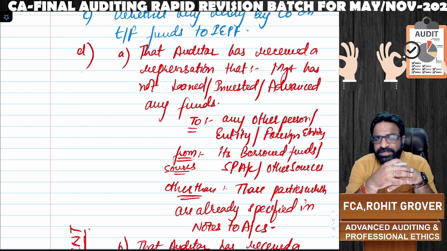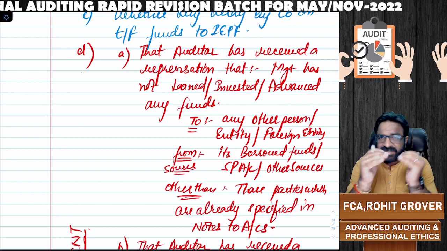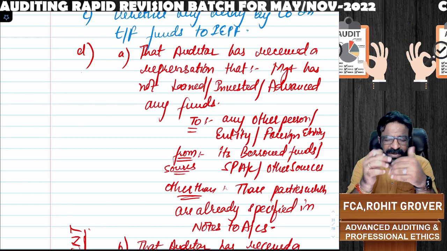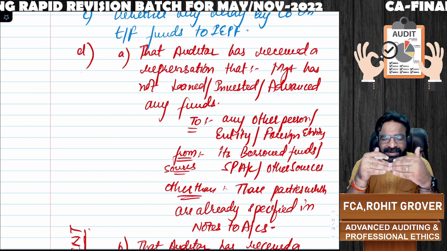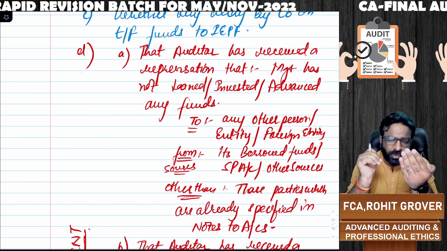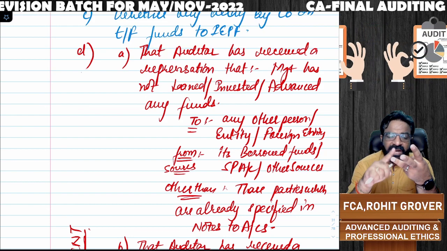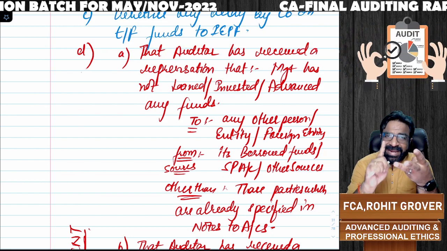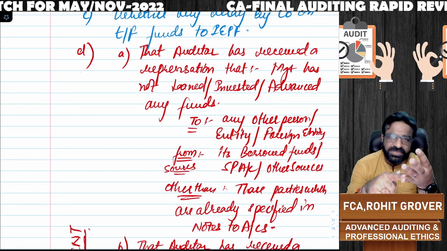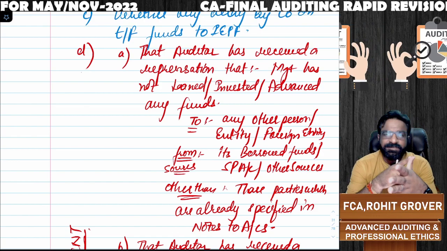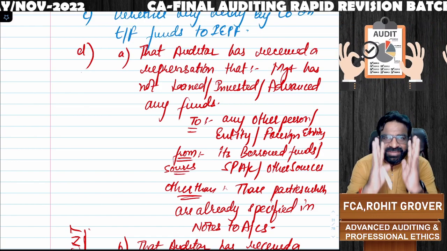You all know that as per section 129, notes to accounts is one of the financial statements. So if you are a statutory auditor of a company and your client company has already given any loan or made any investment, meaning outflow, or given any advance to any person, any entity or any foreign entity from its borrowed funds or from its securities premium account, from its other sources, it has to mention that in notes to accounts.